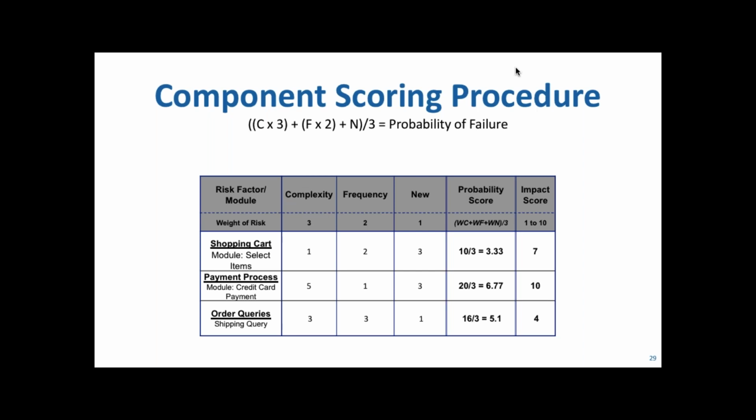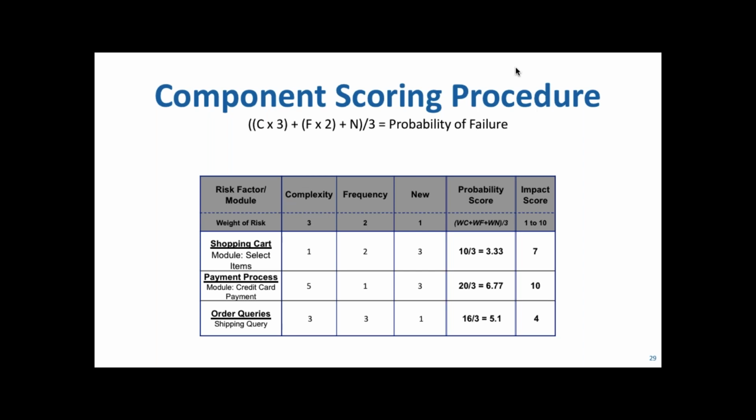And then for new functionality, maybe this particular feature in our application is brand new, so we've given it a high score of 3. So for the probability score, once we've multiplied and added that score, that equals 10 divided by 3, and that gives us a 3.33.